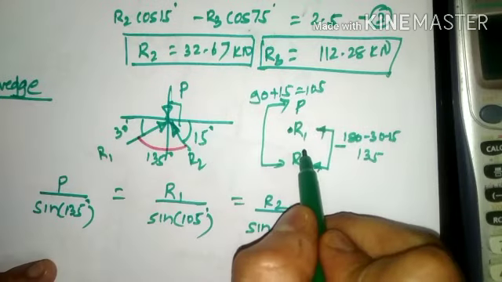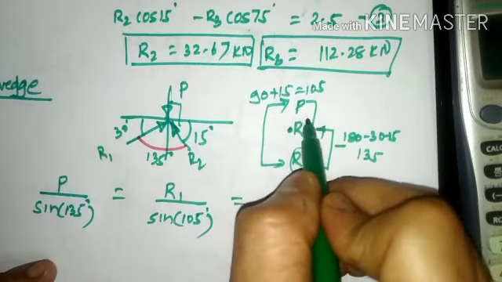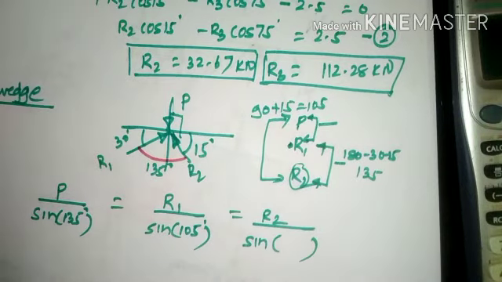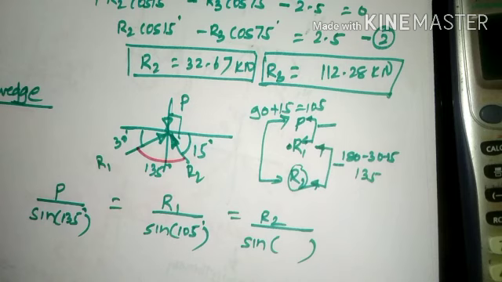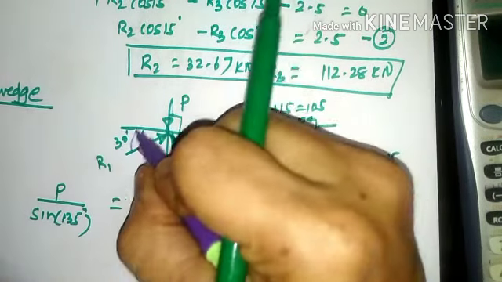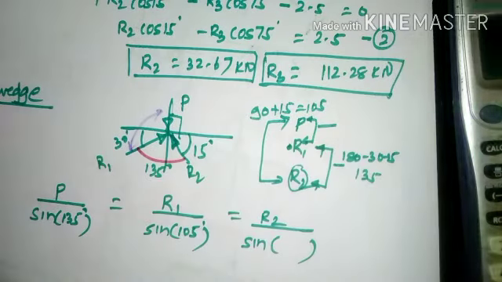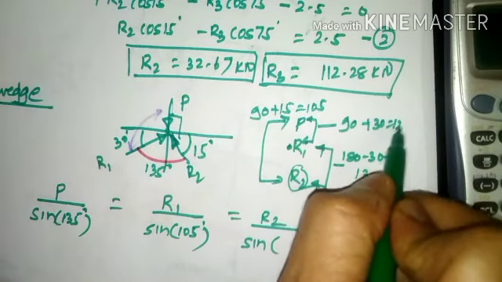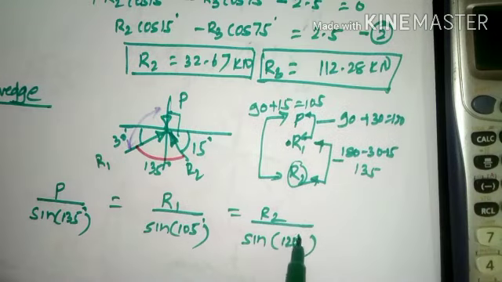If I consider R2, the other two are P and R1. That inclination will be 90 plus 30, which shall be 120 degrees.